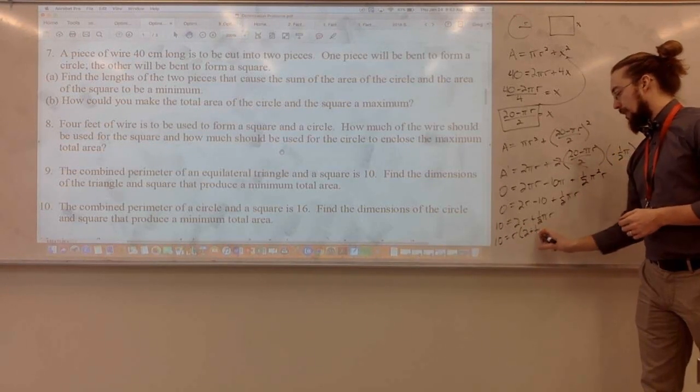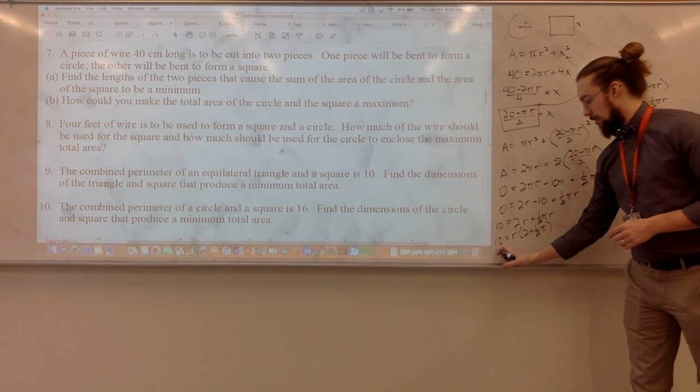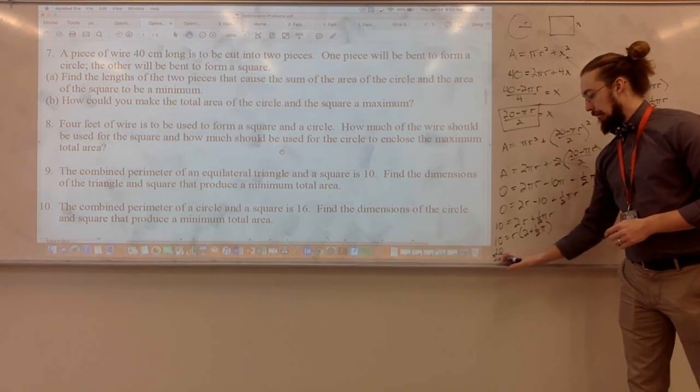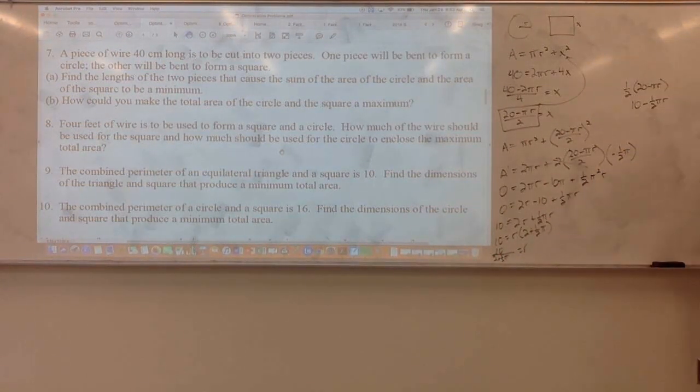So now we can factor out an r. About out of room here. So we get r equals 10 divided by 2 plus 1/2 pi.